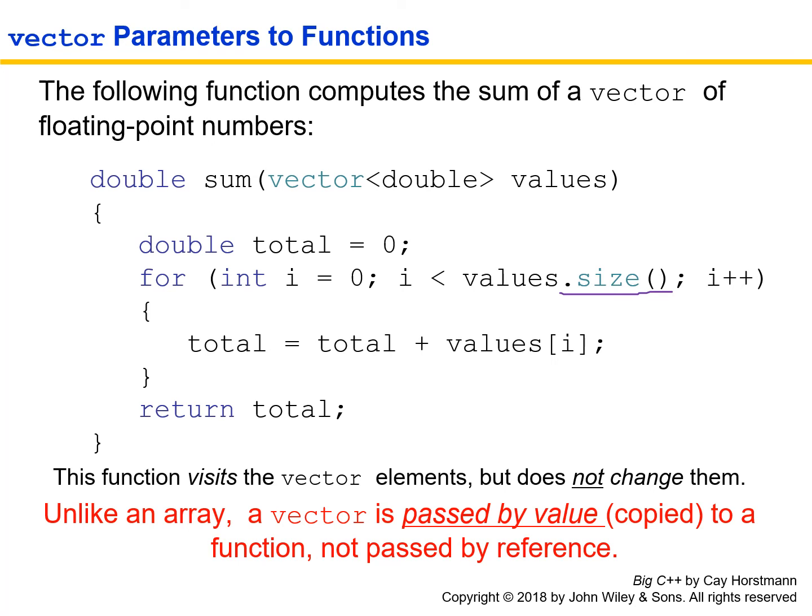That means the entire object is copied into the function. That can be a tremendous waste of memory if you are dealing with very large vectors, very large amounts of data. In that case, it's helpful to put the little ampersand there and pass it by reference so that you're not copying huge amounts of memory every time you call a function.